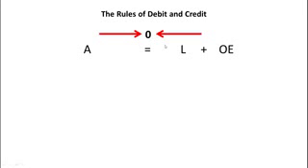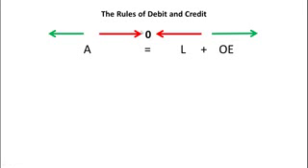And any time on the liability owner's equity side that we want to increase one of these two elements, we want to move away from the 0 and go to the right. And any time we want to increase something on the asset side, we want to go away from the 0 to the right. So away from the 0 on either side is increasing, and towards the 0 on either side is decreasing.